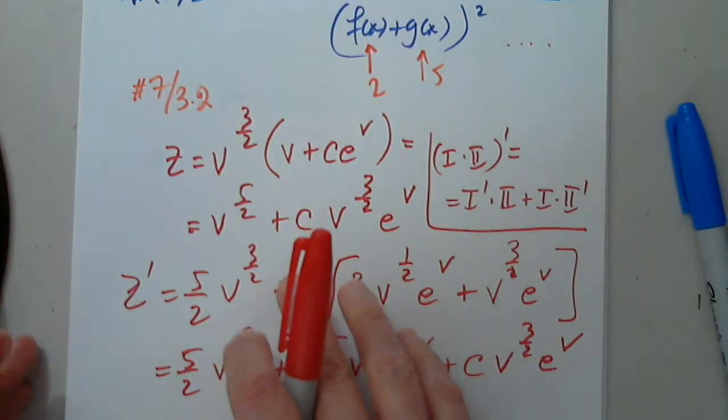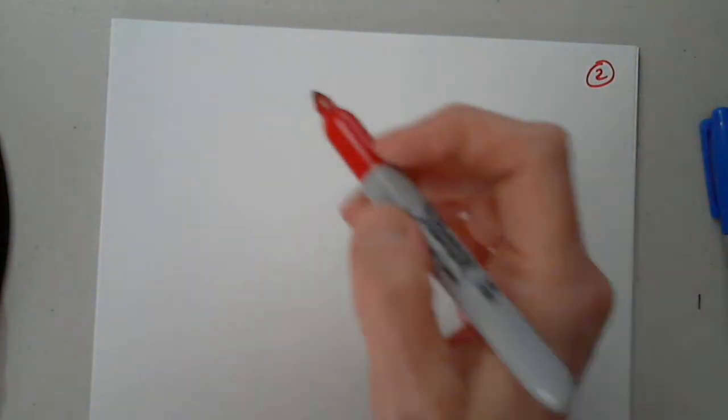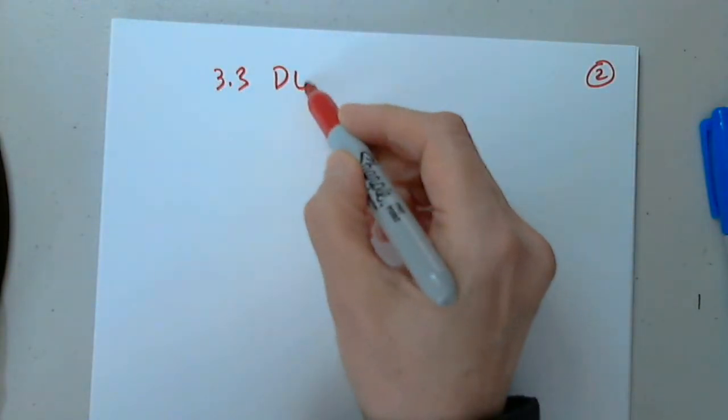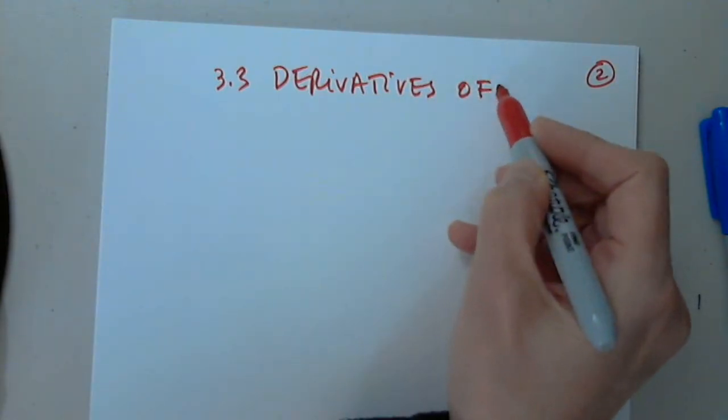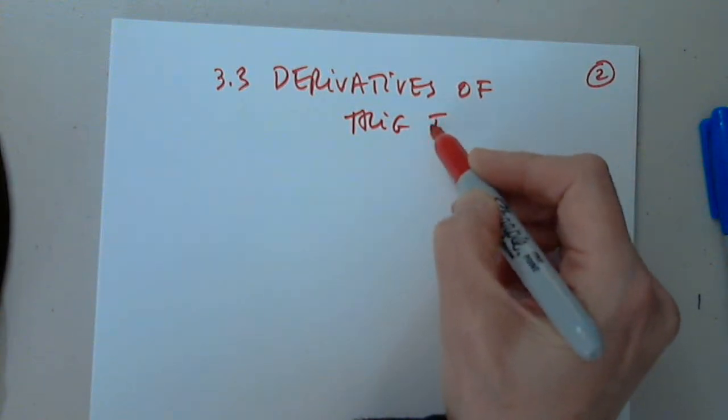So our next step is derivatives of trig functions. So number 2, that's section 3.3, derivatives of trig functions.